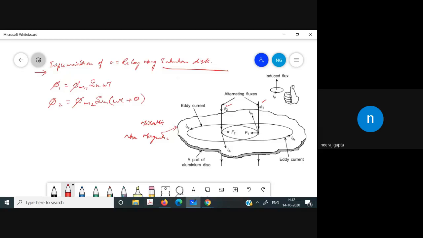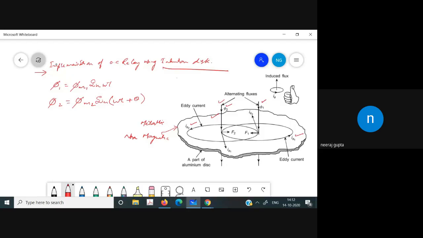Now you will see, because of that flux, eddy currents are generated when the flux cuts this non-magnetic disk. Then the voltage is induced and the current is produced, as you know. So these eddy currents are there. We have the eddy current due to phi2, which is I phi2, and because of phi1 we have I phi1.